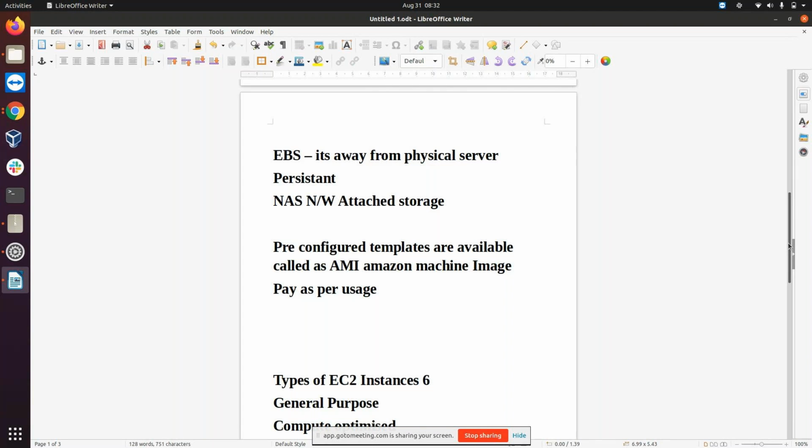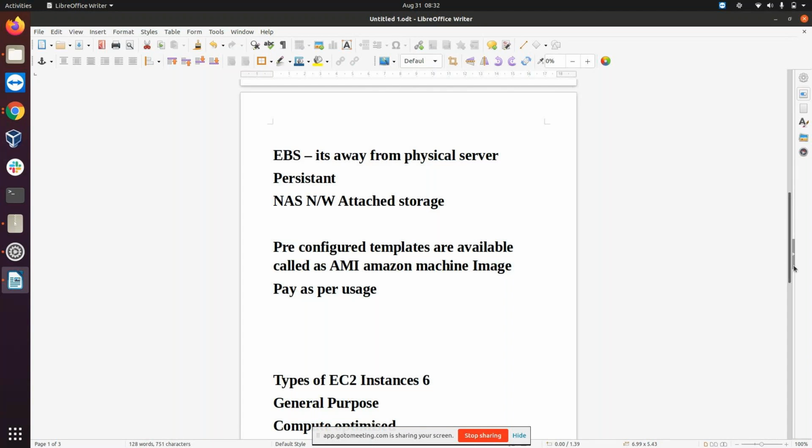This is called an Amazon Machine Image, AMI, a pre-configured template. Usually you take a snapshot. For rolling out multiple operating systems in one big environment, you don't want to create the same thing again and again. Using the snapshot, you can create multiple servers in one click. Likewise, in AWS this is called AMI.